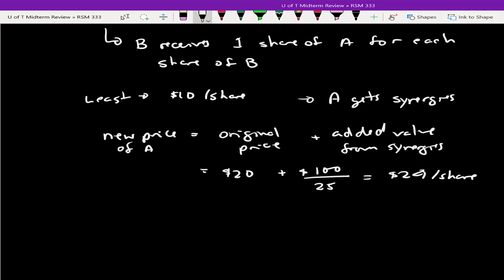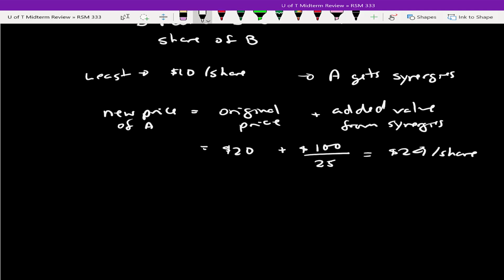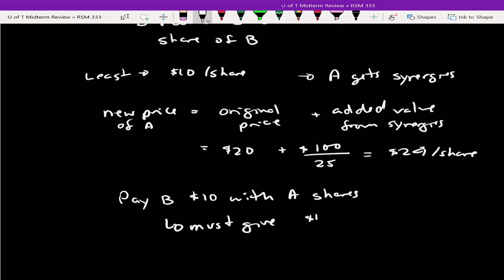And now we are going to pay B $10 with A shares. So how many shares do we need to give? We must give $10 divided by the $24, which is the new price of A. So 0.417.